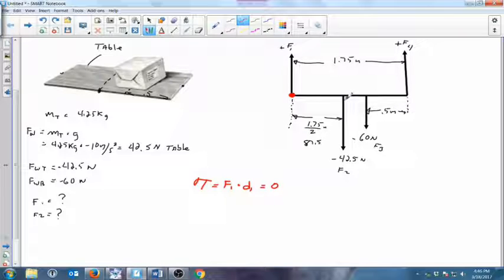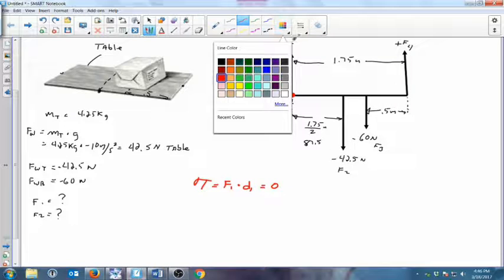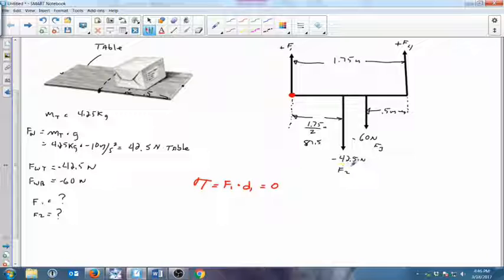Okay, this guy's going to be trying to twist it. Let's mark him in yellow. This guy right here. Oh, that's a lousy color. We can't see that, so we'll do it in green. This guy right here is trying to twist this in this direction. If we're calling this force 2, let's call this torque 2.